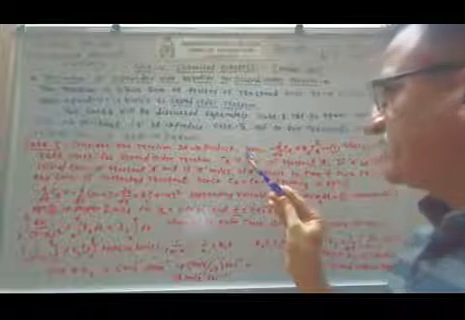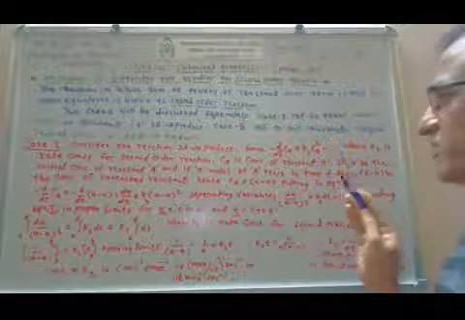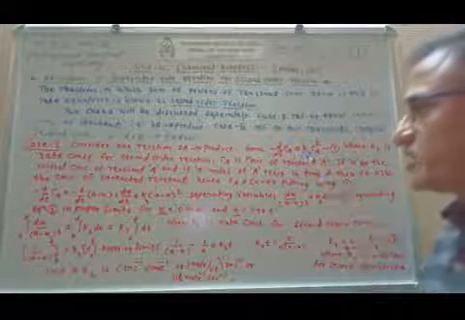Hence the rate equation is written as minus dCa by dt is equal to K2 into Ca square, call it equation number 1, where K2 is the rate constant of second order reaction and Ca is the concentration of reactant A.